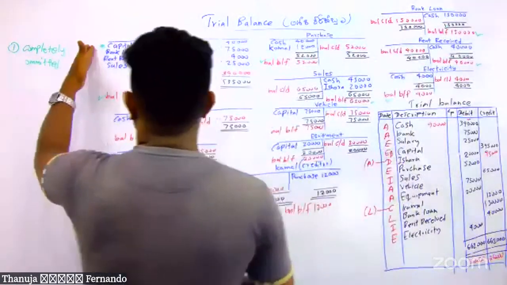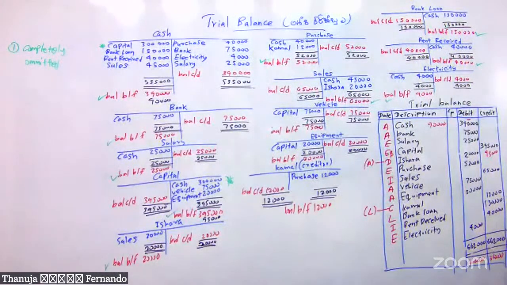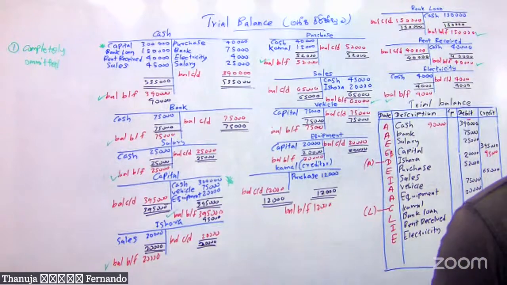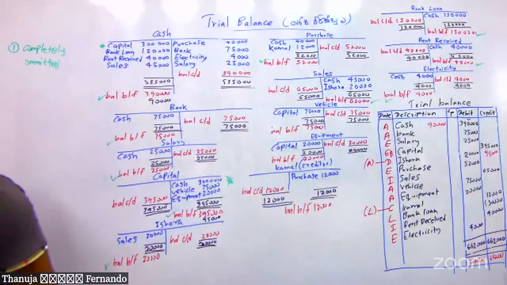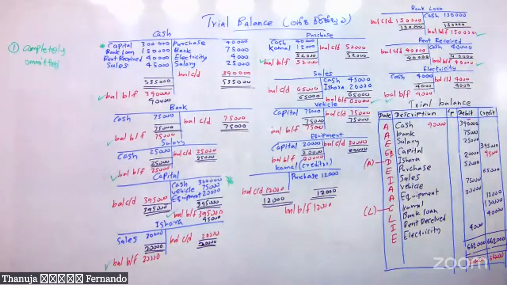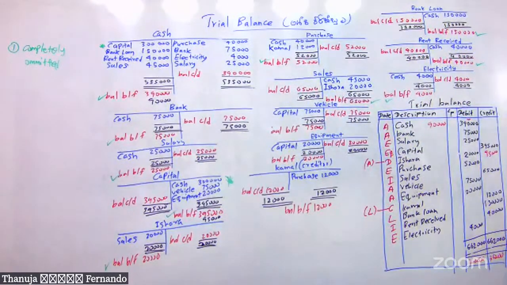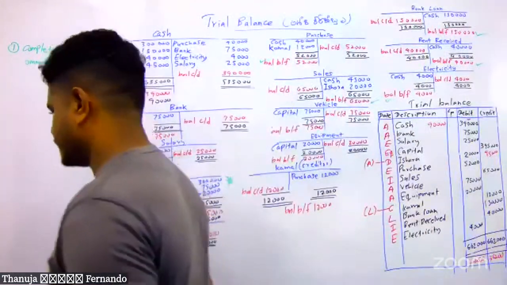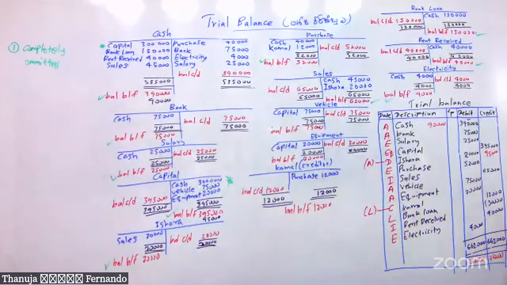Let's write it here: cash investment 300,000 has been completely omitted from the accounting books.